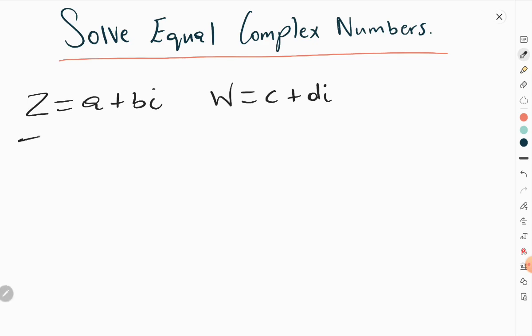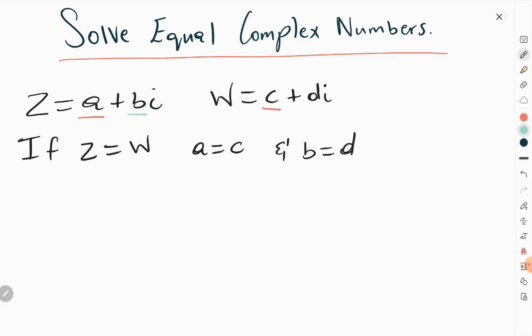If Z is equal to W, which means if these two complex numbers are equal, therefore the real parts are going to be equal to each other. That means A will be equal to C and B is going to be equal to D, which means this A will be equal to this C because they are the real parts.